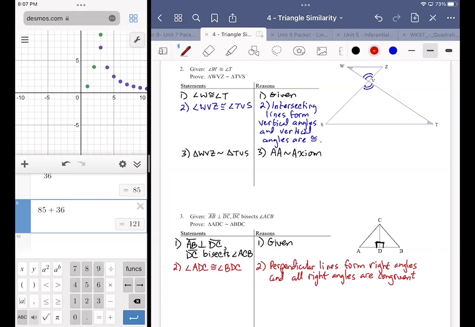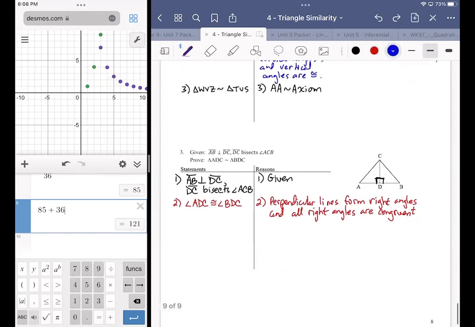I just need another pair of corresponding congruent angles. They did say that line segment DC bisects angle ACB. So here's ACB. It's getting cut into two congruent pieces by that vertical. So this angle is getting split down the middle, which creates two congruent angles.